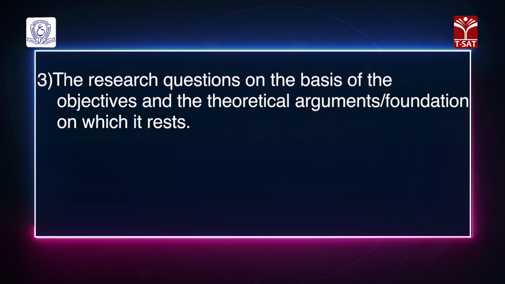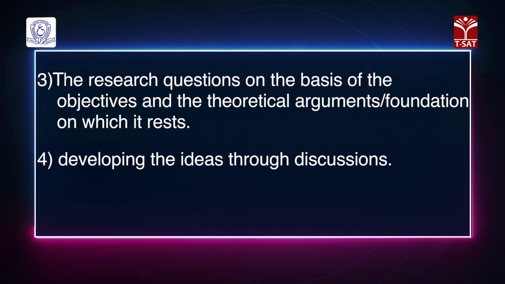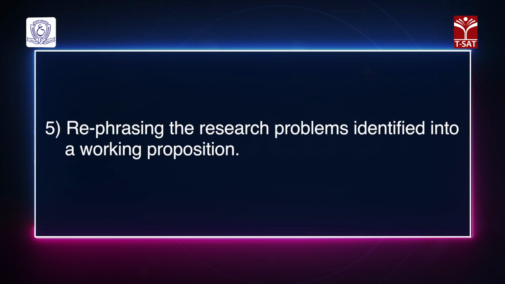Thirdly, the research questions on the basis of the objectives and the theoretical arguments or foundation on which it rests. Fourthly, developing the ideas through discussions, and fifthly, rephrasing the research problems identified into a working proposition.